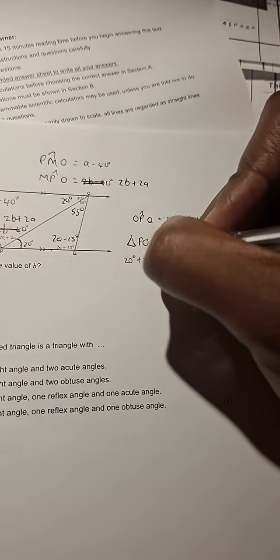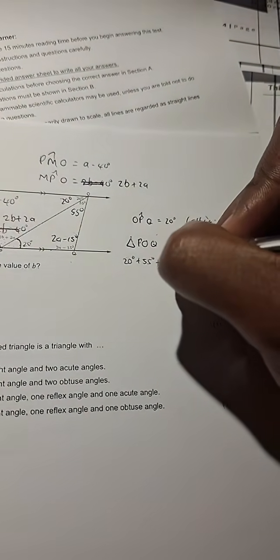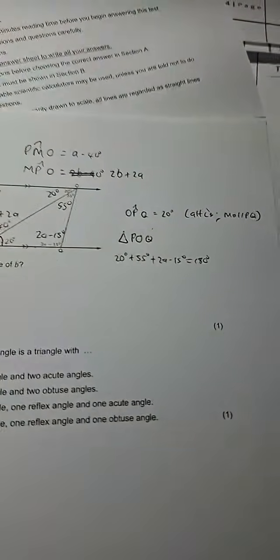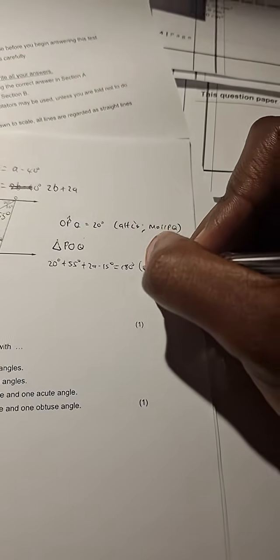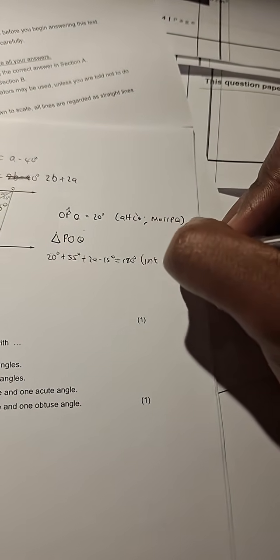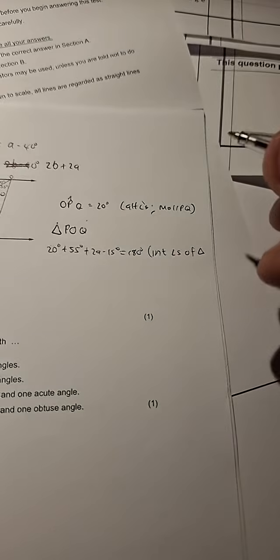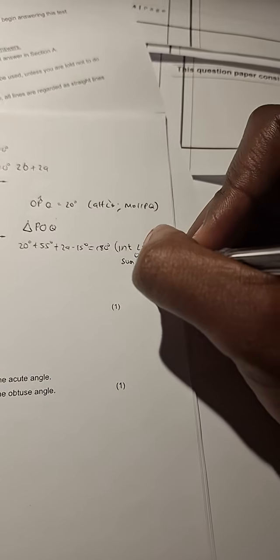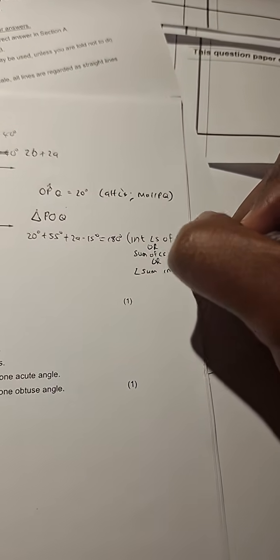20 degrees plus 55 degrees plus 2A minus 15 degrees is equal to 180 degrees. What is the reason? There's one of three reasons we can write. We can say interior angles of triangle, or sum of angles in triangle, or angle sum in triangle.